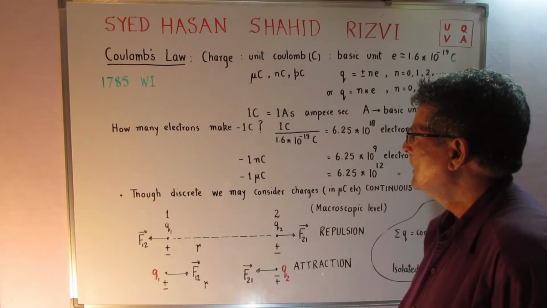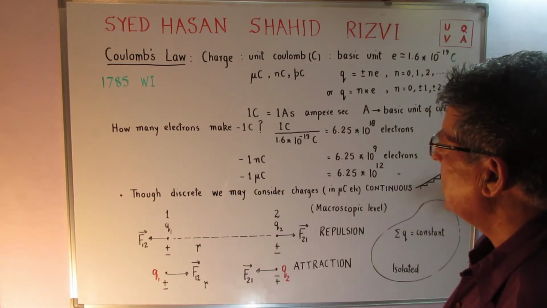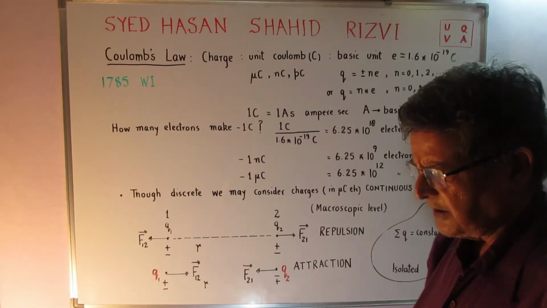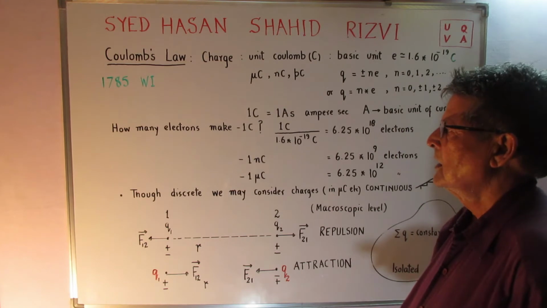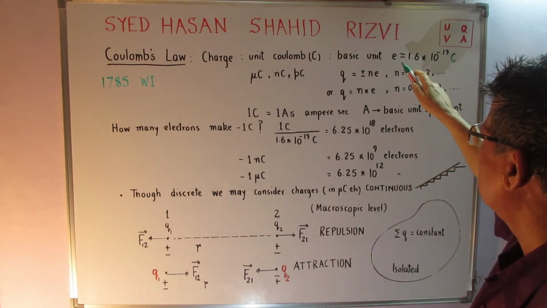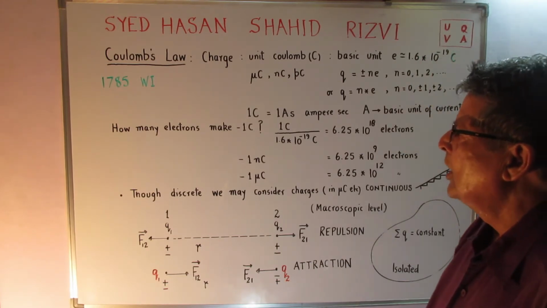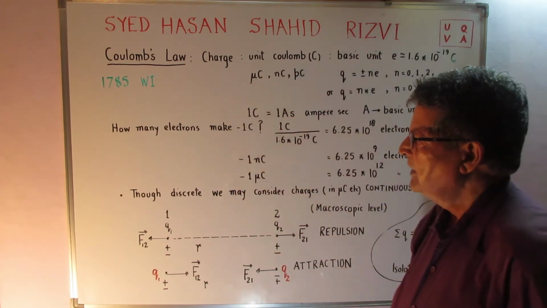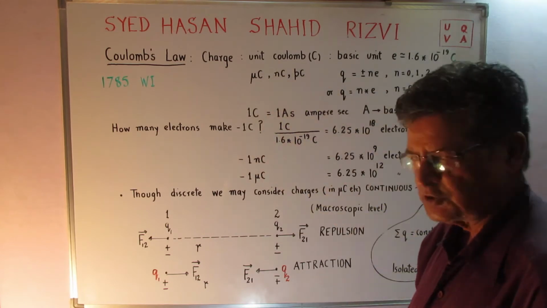Then, the Coulomb is a very big charge. For example, if the electron charge is minus 1.6 into 10 to the power of minus 19 Coulomb, let us calculate how many electrons make minus 1 Coulomb of charge.